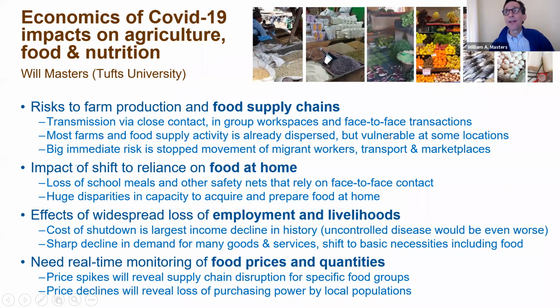But there is vulnerability at many, many locations. And the big immediate risk that we're seeing around the world is governments stopping movement of migrant workers. This is very, very costly in many settings, both to the workers themselves and the food systems that they serve. Also border stoppage and blocking of transport.